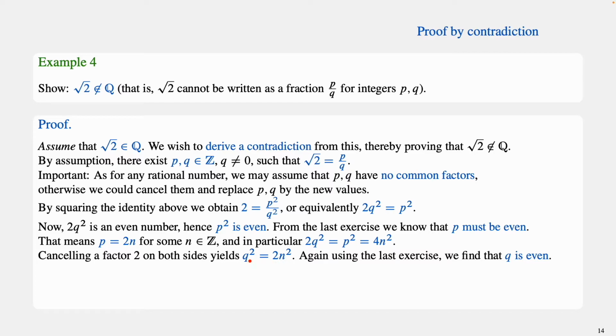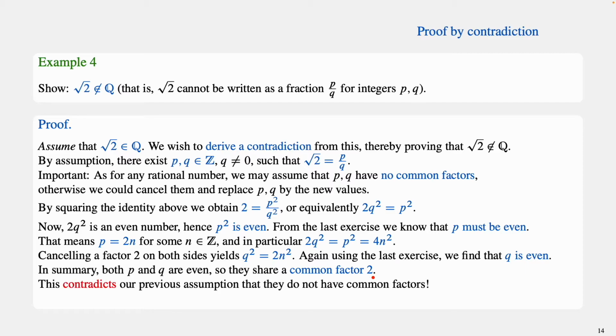But this means q squared is an even number because there's a 2 here. And again, using the same argument from the last exercise, this implies that q is even. So we found so far that p is an even number and q is an even number. So that means both p and q share a common factor 2.